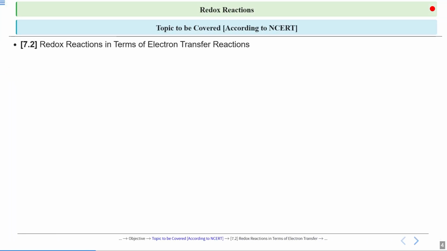So the topics that we are going to cover in this section are 7.2, the redox reaction in terms of electron transfer reactions. Then 7.2.1, that is competitive electron transfer reactions. Then there would be problem number 7.2 of NCERT.